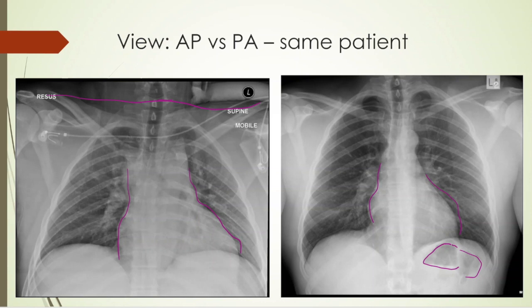You look over in the PA film and the clavicles are basically on the same level as the lung fields. You can also look at the shoulder blades here, and the scapula will be more out of the picture with a PA view, although here just a little bit, and then more in the picture on the AP view.